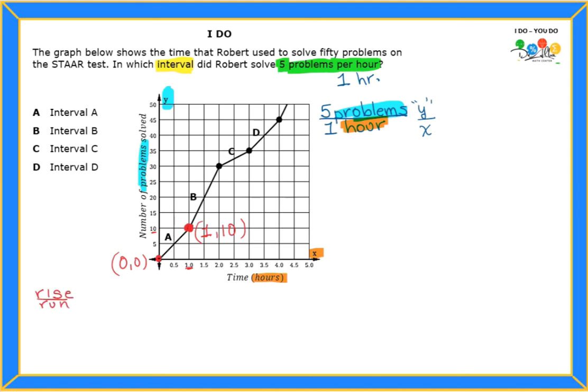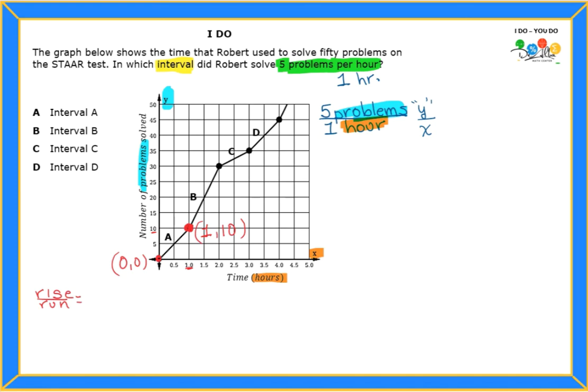First of all, I'm gonna check on the intervals that I see on the Y and on the X. So if you go from a 0 to a 5, it is 1 square, but it counts by 5. And that means 5 problems.